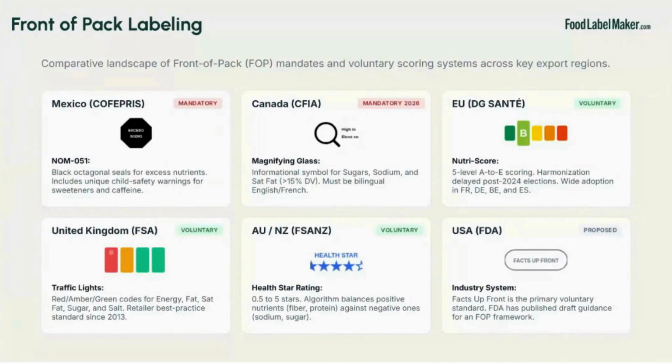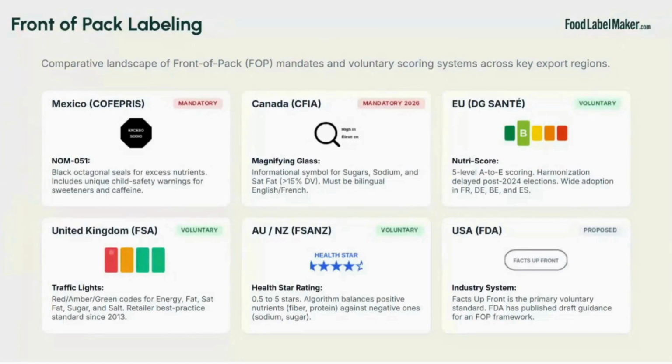So when these nutrients exceed specific thresholds, they are declared as part of the magnifying glass FOP label. And unlike Mexico's warning approach, the Canadian system is not explicitly warning oriented. It's more informational. So through the black icons, this clearly signals a high in specific nutrient content statement.